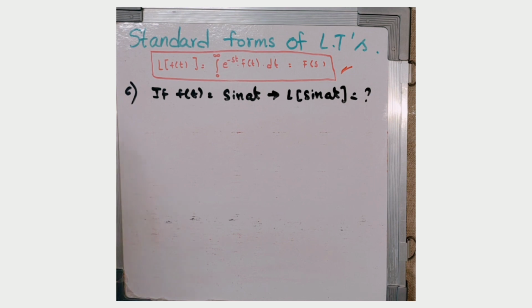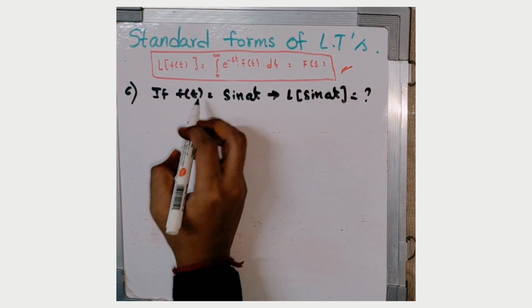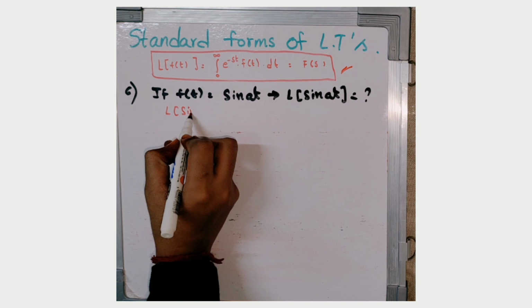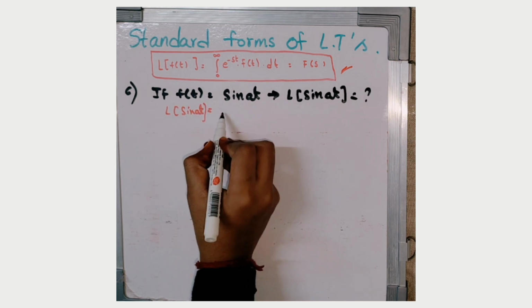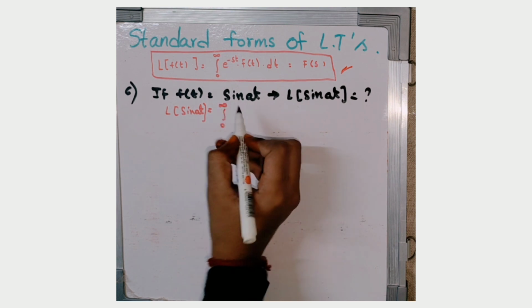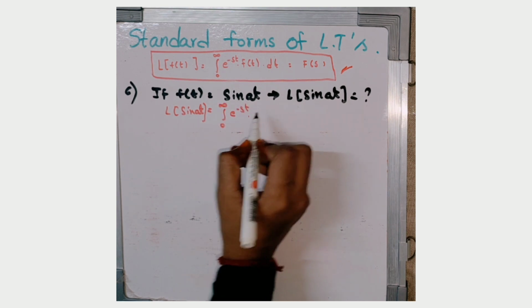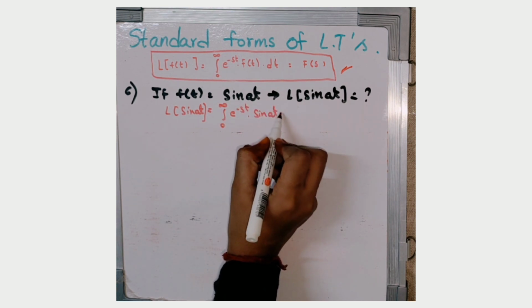Now we'll start with the next Laplace transform: if f of t is sine at, what is the Laplace transform of sine at? It is the integral from 0 to infinity of e power minus st into sine at dt.